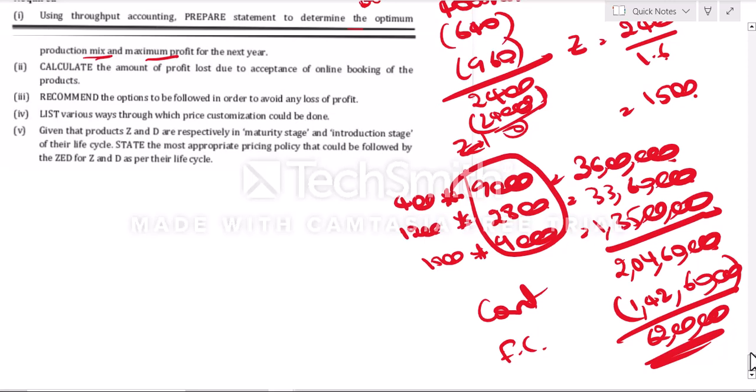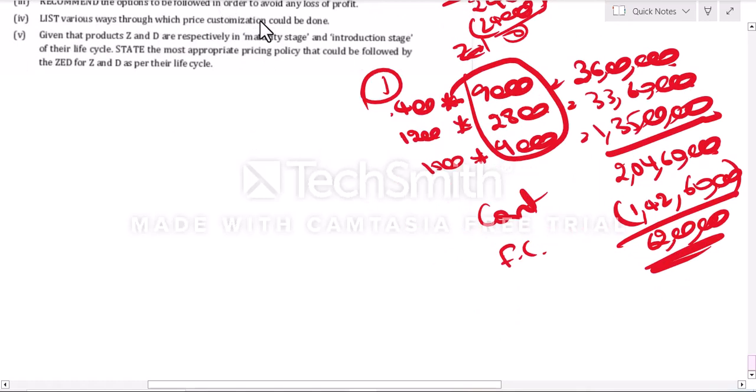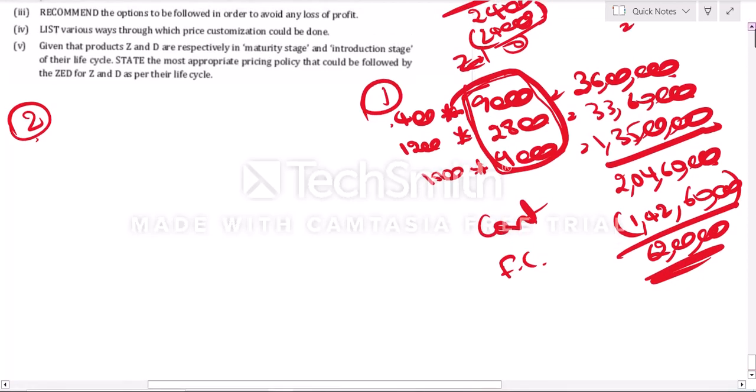But there are 3 methods. This is one method to calculate the profit. There are 2 more methods. How can we calculate that profit? What is the second method? Here we have taken actual contribution without considering any bottleneck resource. But we can also take throughput contribution, so contribution per bottleneck resource.